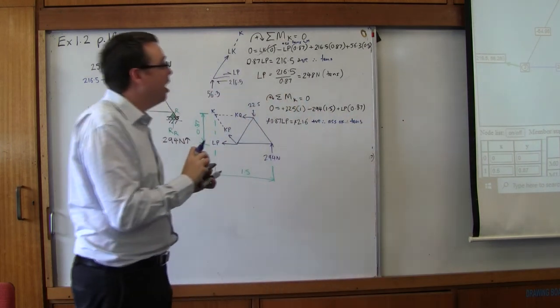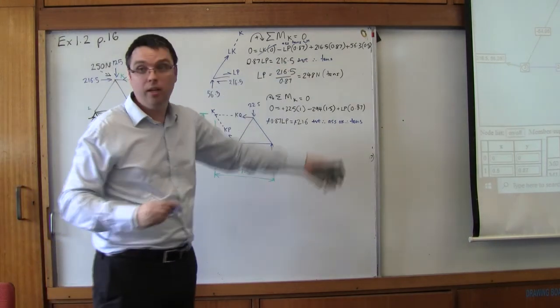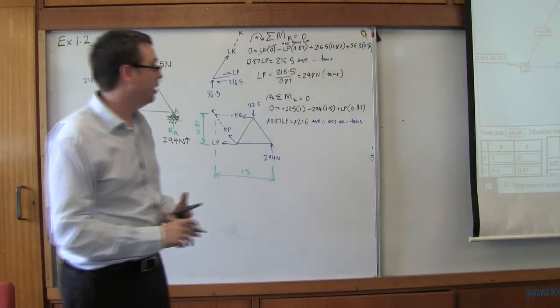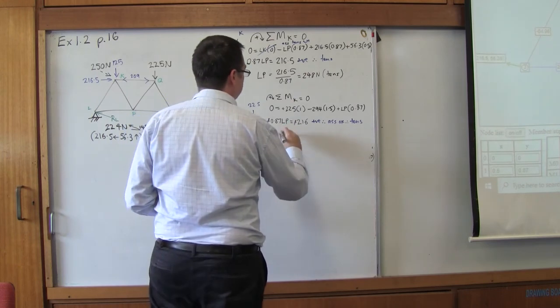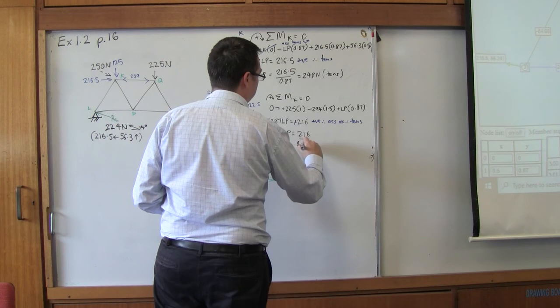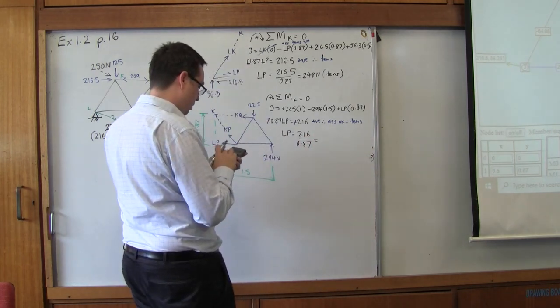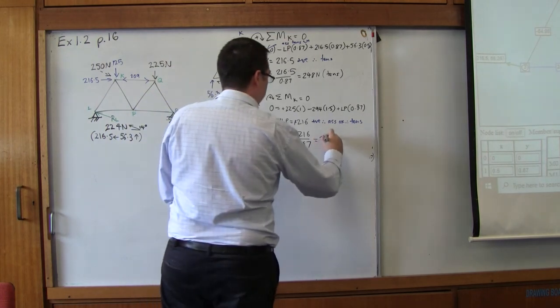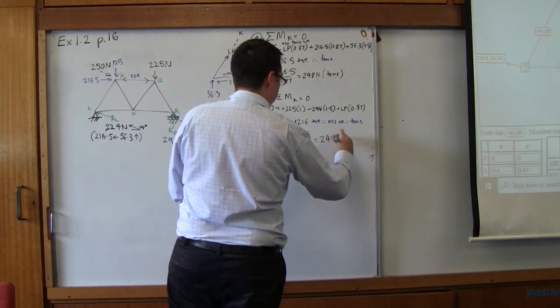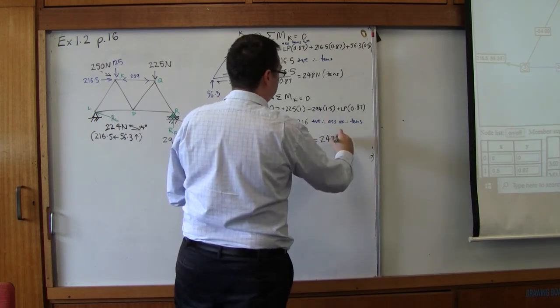So it's tension. Now, given that I literally did this question a few seconds ago up here, they do need to be the same, like I said earlier. So what I'm going to say is LP equals 216 divided by 0.87 equals 248.4. That's the same answer we got above.